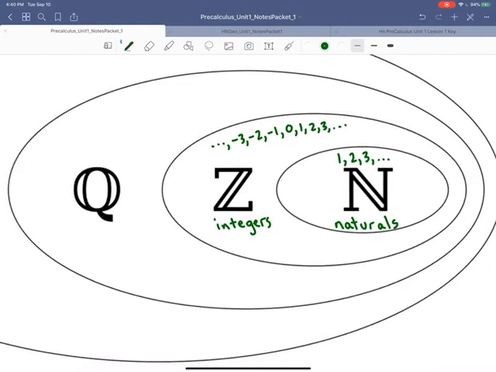Now we have the rationals. The rationals include all numbers that can be written as a ratio of integers.